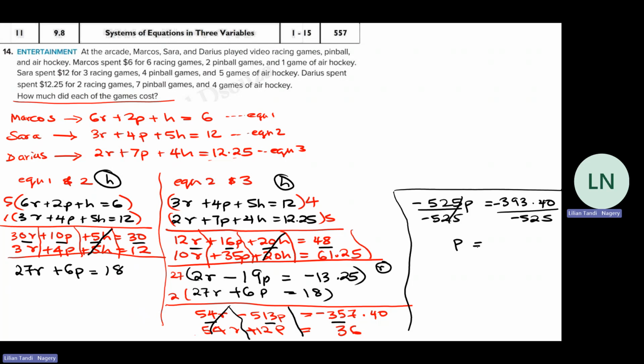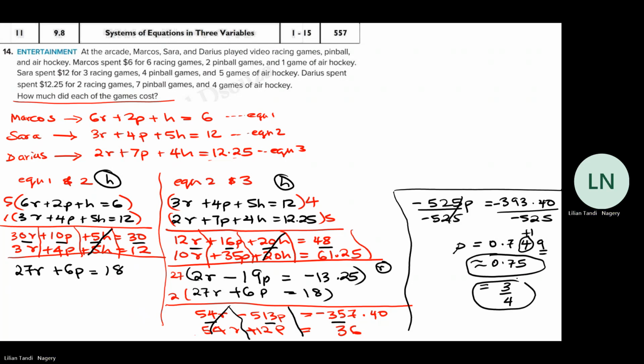So P should be approximately 0.749. Now, because this is money, you round to the nearest hundredth. We are talking about money. And because it is money, you round to the nearest hundredth. Okay, so this becomes 75 hundredths, which is the same as 3/4. Okay? So remember, you can write your answer in decimal or fraction. It's up to you. All right.